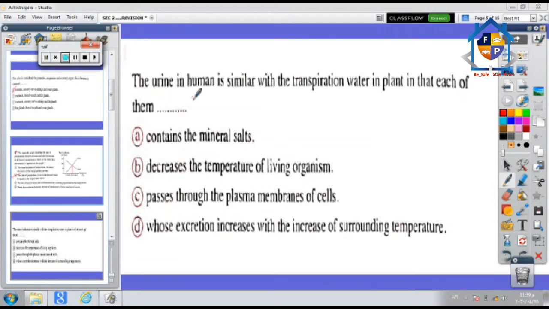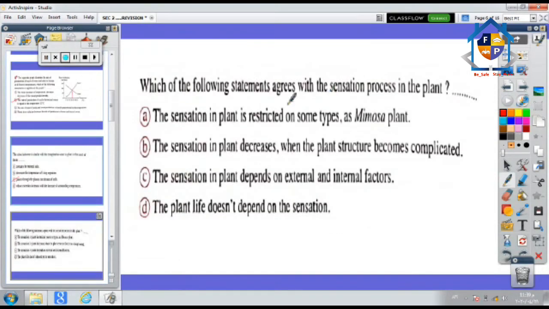Number 4. The urine in humans is similar to the transpiration water in plants, in that each of them gets rid of water by passing through the plasma membrane of the cells. Which of the following statements agrees with the sensation process in plants? Number 1. The sensation in plants is restricted to some types such as the mimosa plant.